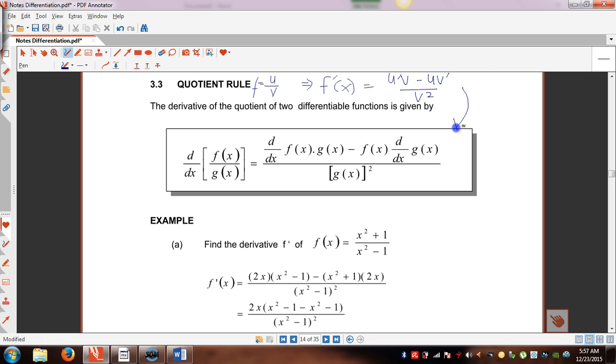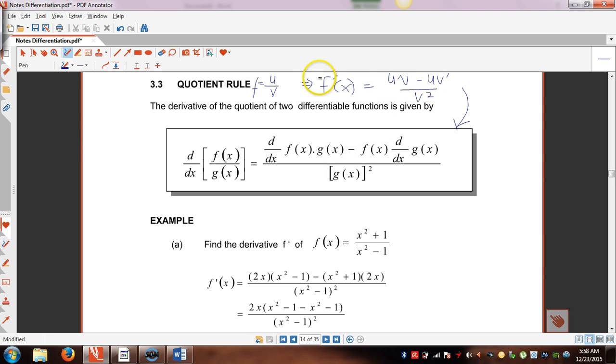Actually, this is similar to this formula. So u prime is d over dx f(x), v equal to g(x), u is f(x), v prime equal to d over dx g(x), and v squared equal to g(x) squared, right?